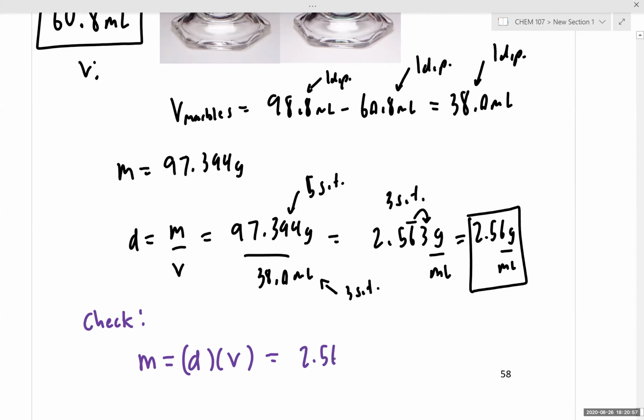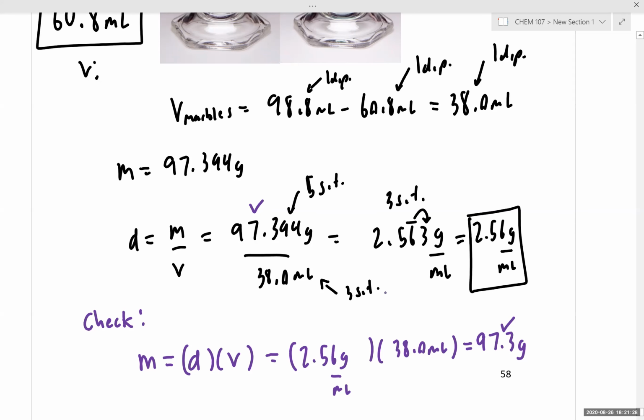So we can take the density that we've calculated, multiply it by our volume, and this allows us to check that we've done everything correctly. Because as we see, we get out about the same mass. So we haven't made a major calculation error.